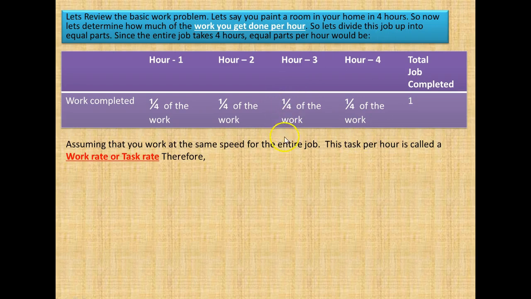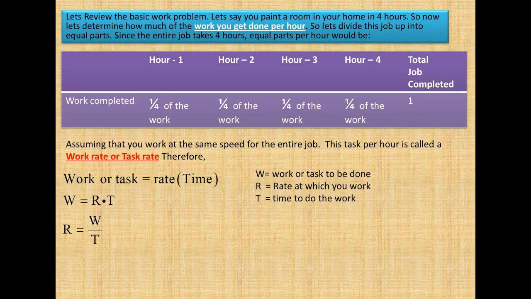Assuming that you work at the same speed for the entire job, this task per hour is called a work rate or task rate. Therefore, work or task rate equals rate times time. And so we abbreviate that by saying W equals R times T. And if we divide through by T, we get rate is equal to work divided by the time taken to work the job.